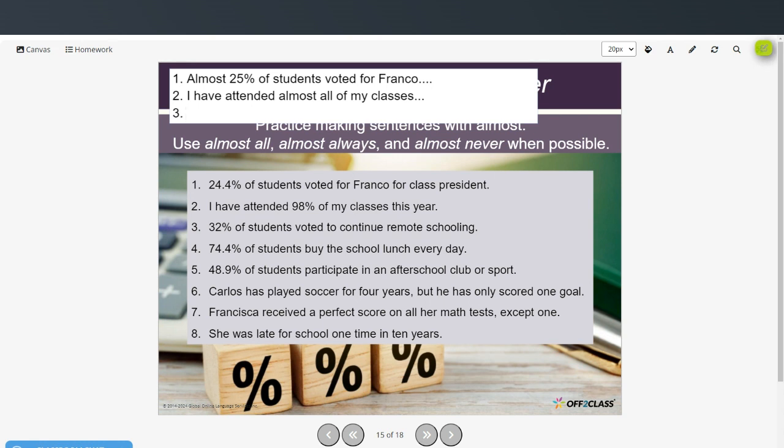So we could say almost 1/3 of all students voted to continue remote schooling.